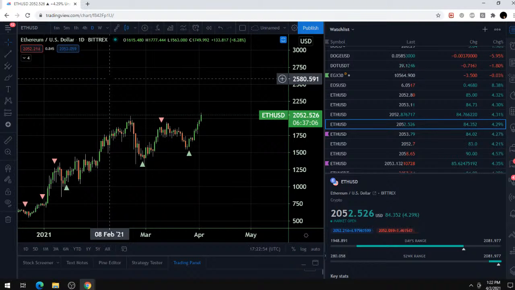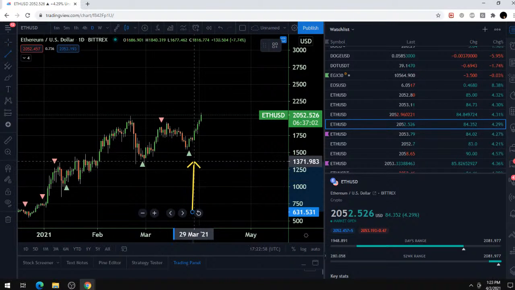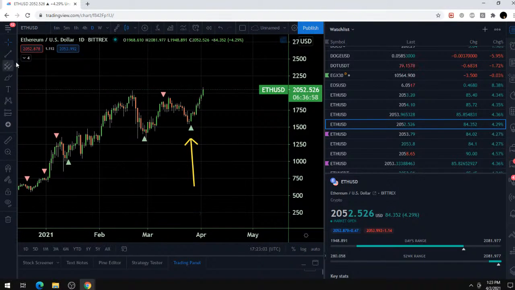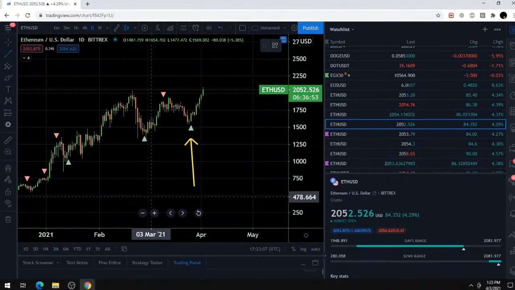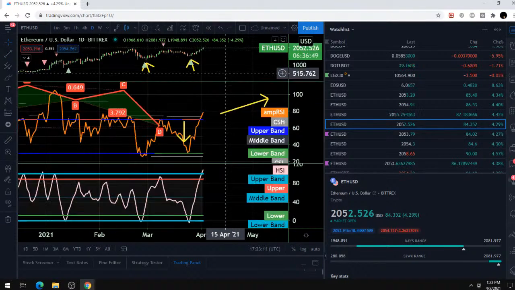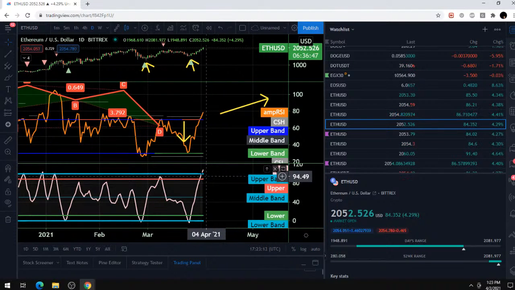Here with Ethereum, we also talked about both of these HSI signals on the daily. That's the harmonic strength index, as continuation signals, and they've been quite strong. We are back in the oversold zone right now. HSI is still expanding, which is strength.